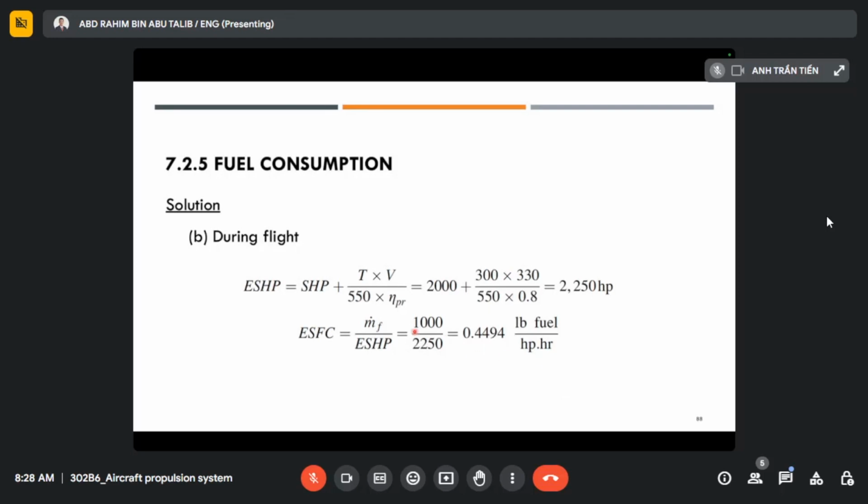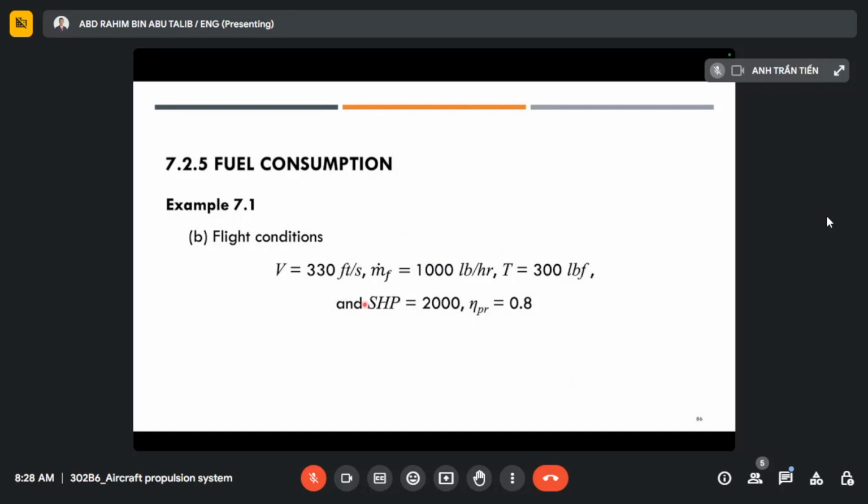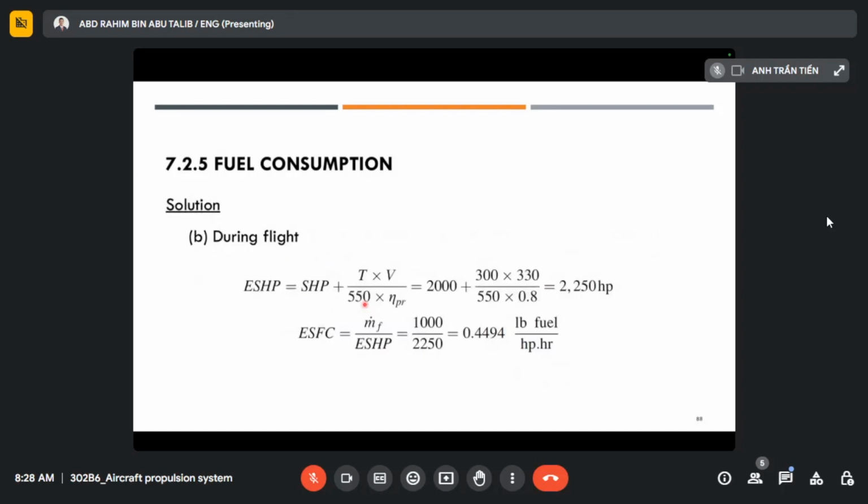For the flight condition, when you want to find ESHP, you have to use the expression. Since the flight speed is given in feet per second, you have to use 550 as the constant.